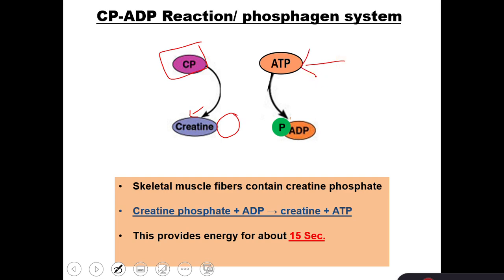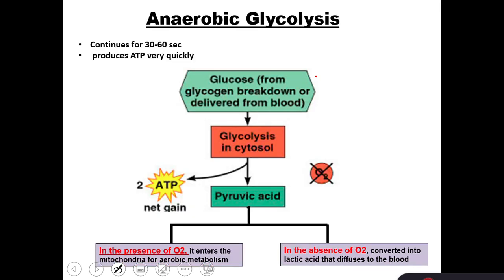However, this provides energy for about 15 seconds only, and then we need to look for another source of ATP, which is the anaerobic glycolysis. Here we have the glycogen, which is the stored form of glucose in our skeletal muscles, or the glucose in the blood.